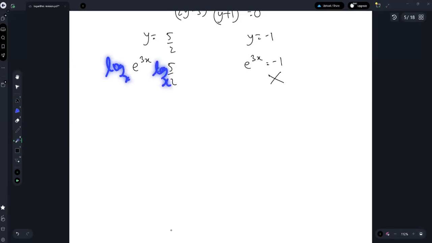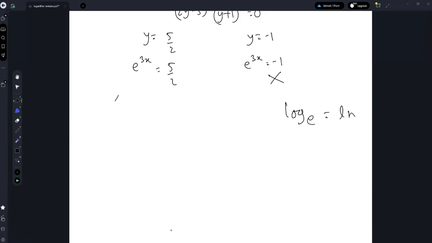But here's another thing. The trick behind doing this properly is to ensure that the logarithmic base that you choose is exactly the same as this index base. So you have to select log base e here. So we write log base e as ln. So in this case, you have to select ln e to the power 3x equals ln of 5 by 2.